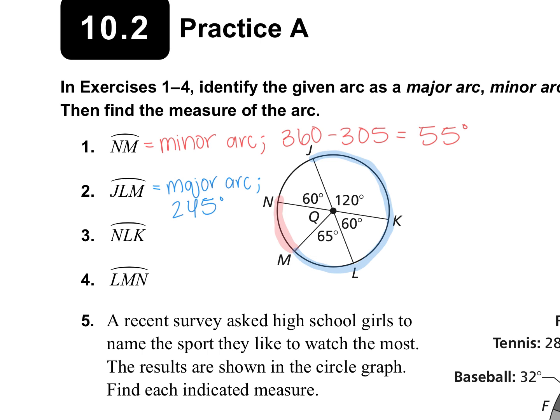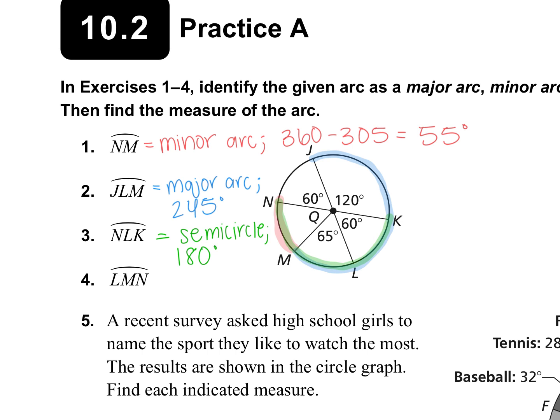Looking at the next one, I'm looking for NLK. So going from N to L to K. Is that a major arc, a minor arc, or a semicircle? Good, it's half of a circle, so it's a semicircle. And what's the measurement of a semicircle? 180. That should be super easy.